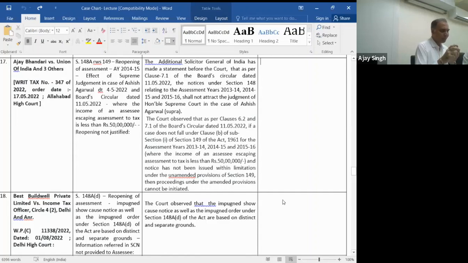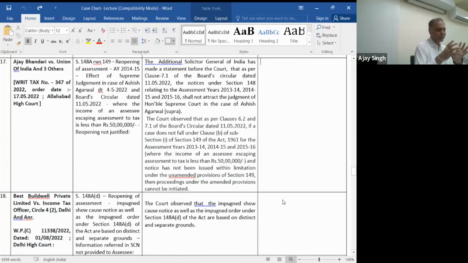So when we say this observation, we have to read this order in complete. The original issue raised by the department was in regard to certain entities which they had claimed to be non-filers, hawala, etc. But when the department's reply was filed, and the assessee filed a rejoinder subsequently, in the reply they put up the case that the ITR and the GST data were not reconciled.